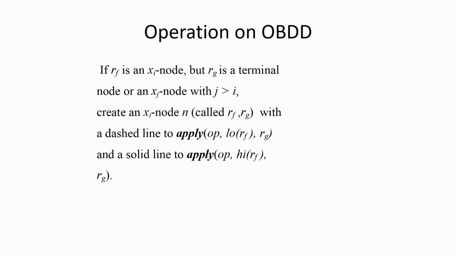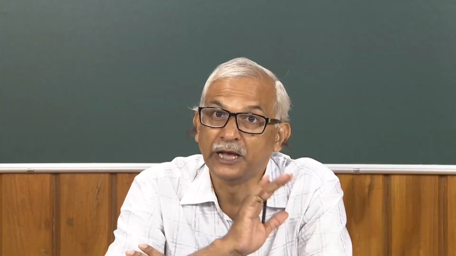Now, similarly, another case, what will happen? We have an Xi node in, say, BDD RF, and an Xj node in BDD RG, where j is greater than i, because both of them follow the same variable ordering.